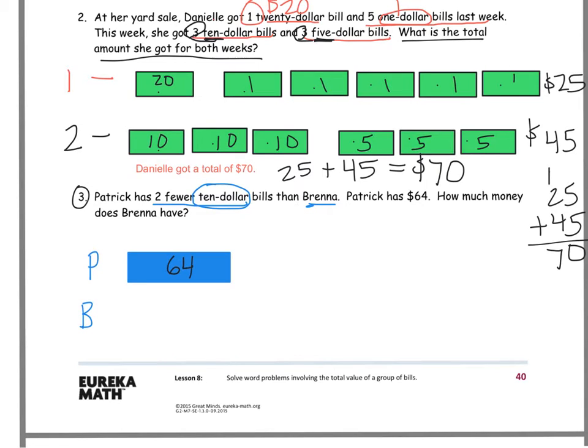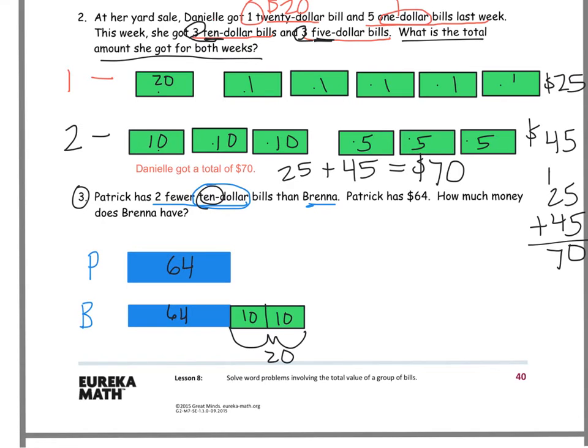So what I want to do is draw a tape the exact same size as Patrick's, because I know that that's 64, but she also has an additional amount of money. And the additional amount is 2 10s. And that's going to be $20.